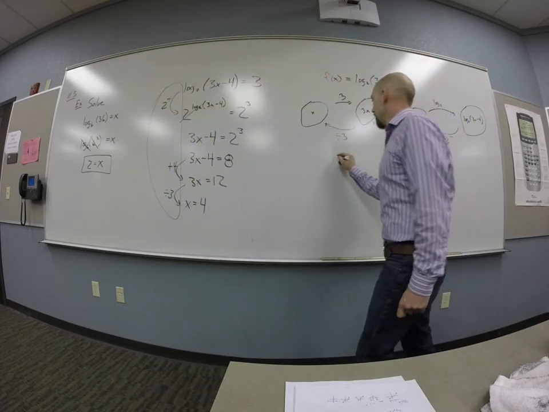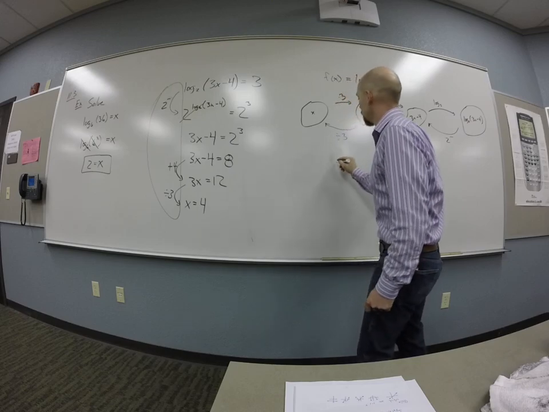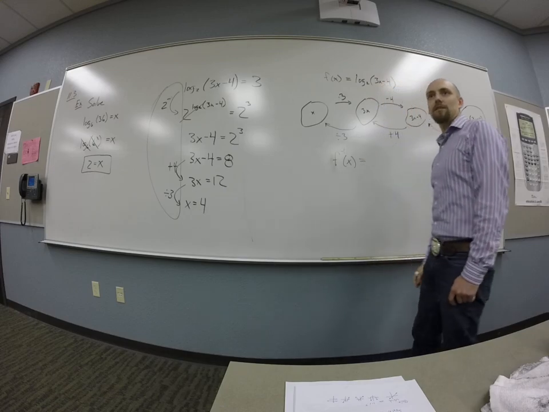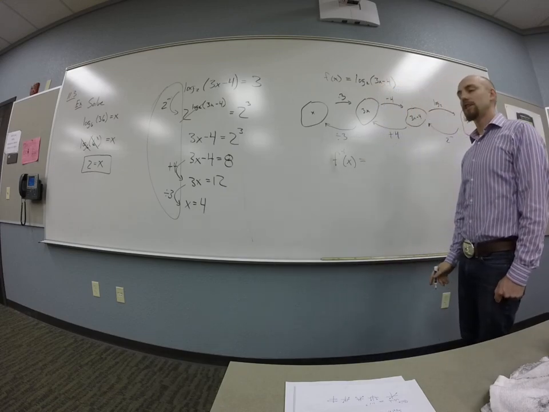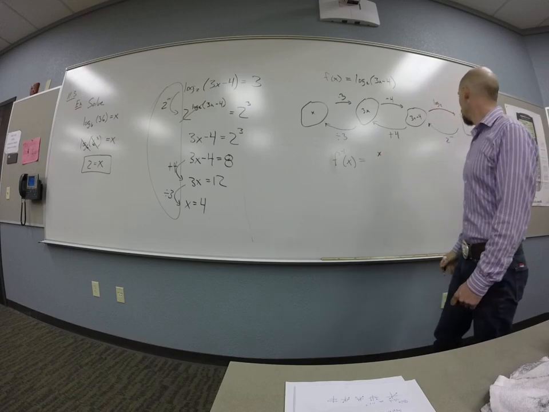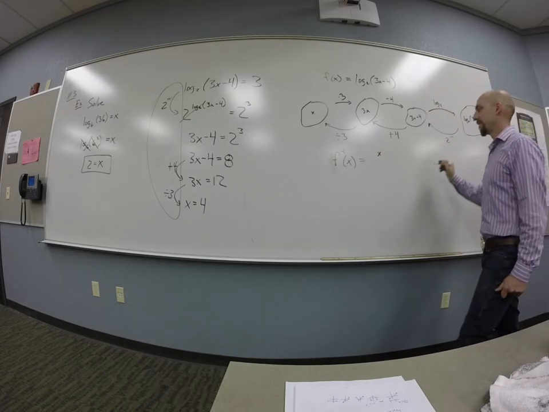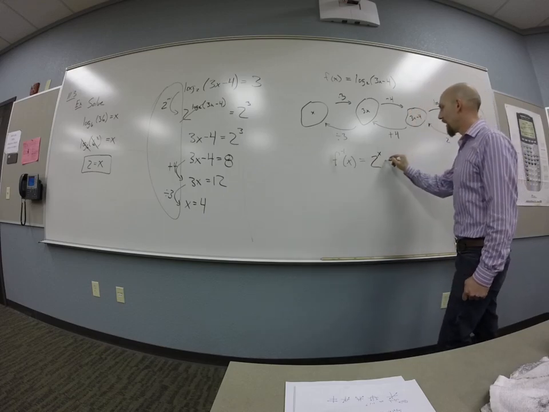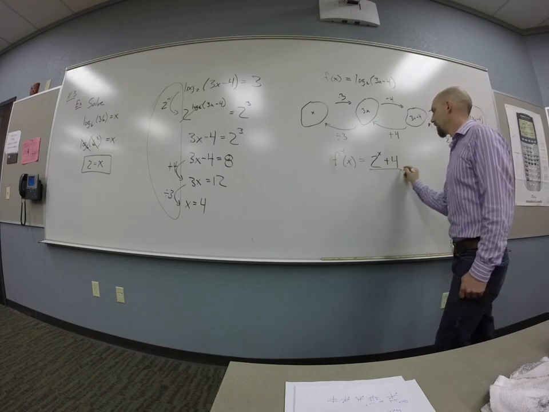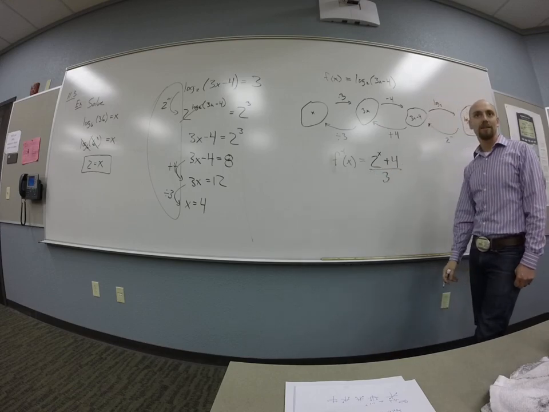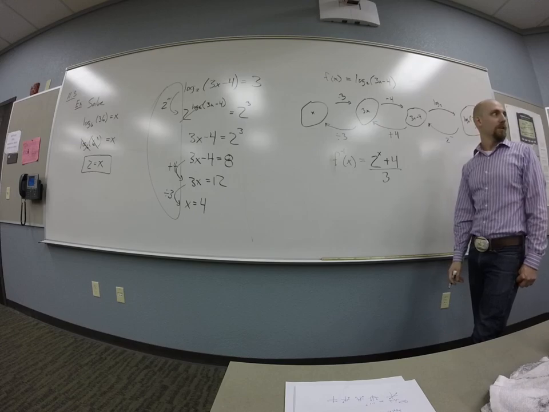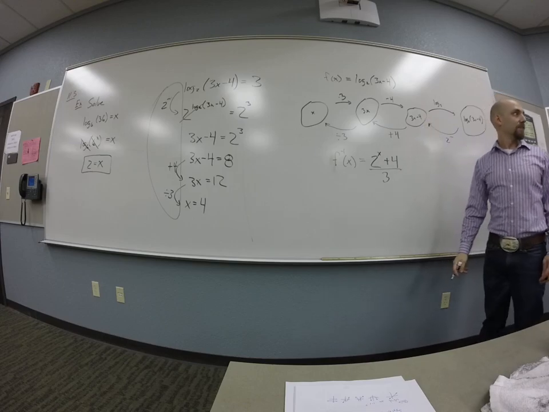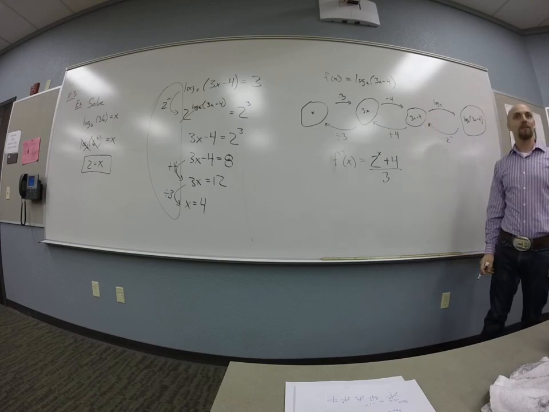So if I want to write down the inverse function, f inverse of x, I start with an x. Then I put a 2 under it. Then I add 4. Then I divide the whole thing by 3. I just found the inverse function for that. You guys cool with that?